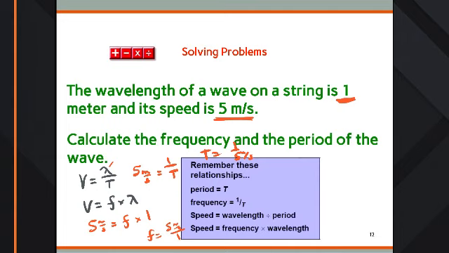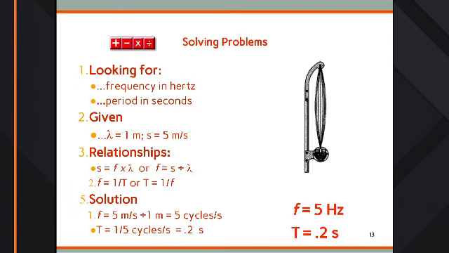And then our period would be 1 divided by 5, so 0.2. So this is just another example. We're going to do plenty of them in just a little bit.